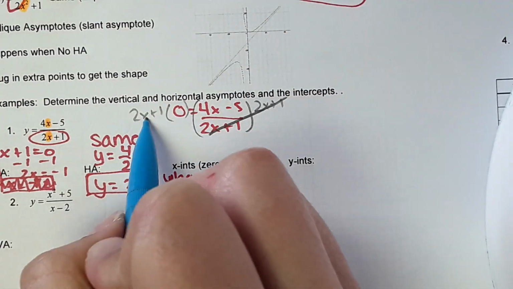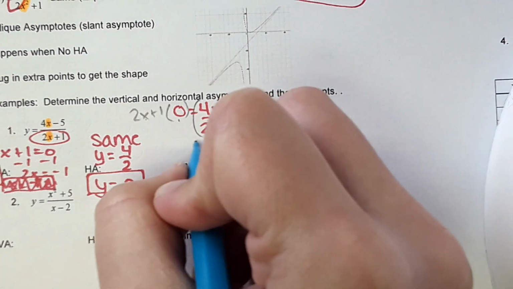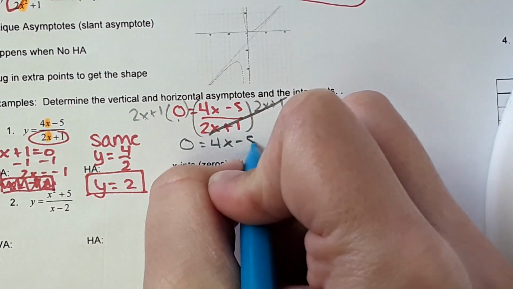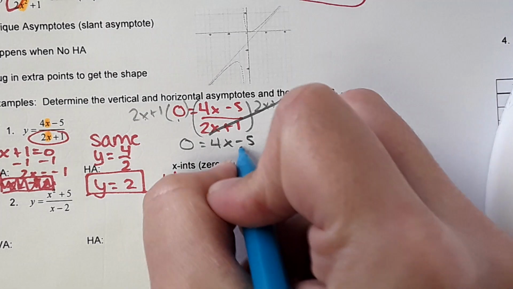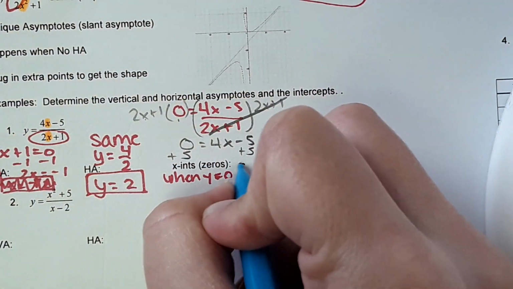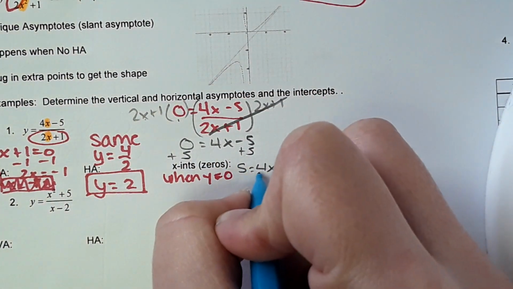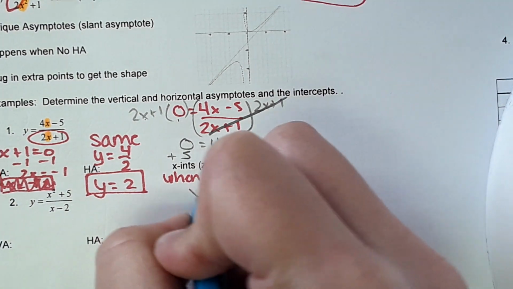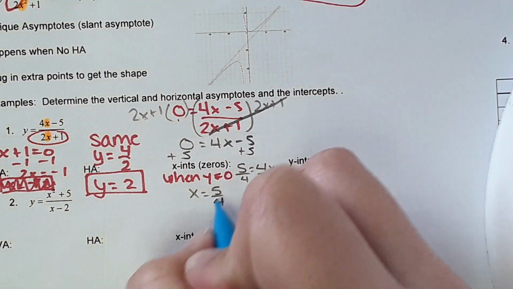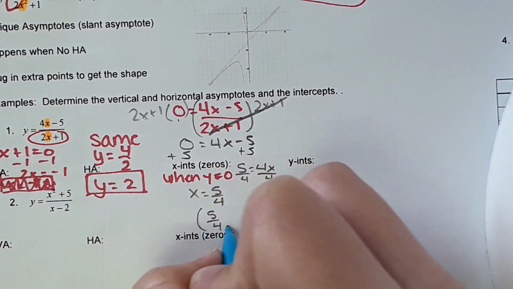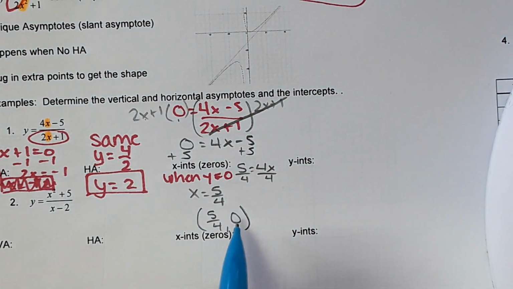This cancels, and then 2x plus 1 times 0 is just going to be 0. So we get 0 equals 4x minus 5. And then we solve for x. x equals 5/4, and this goes in as a coordinate. So when y equals 0, x is 5/4.